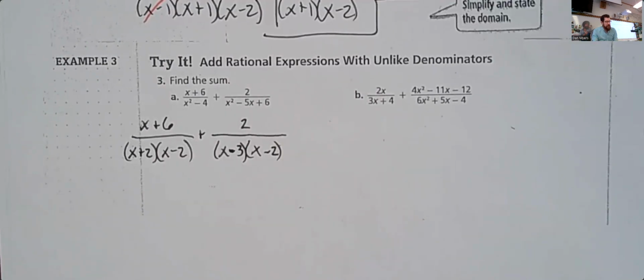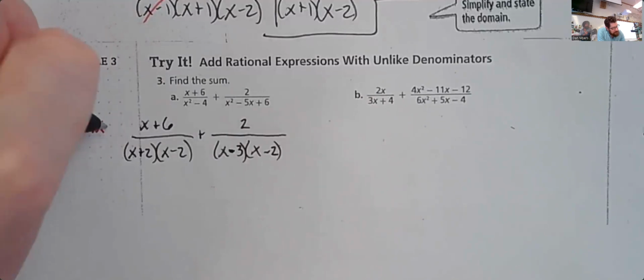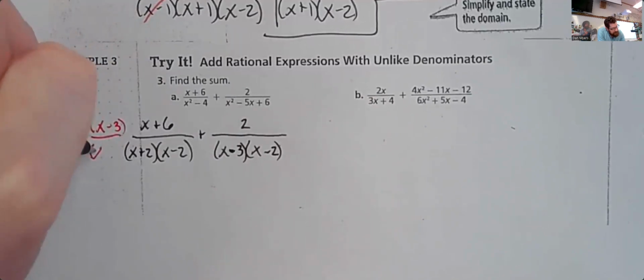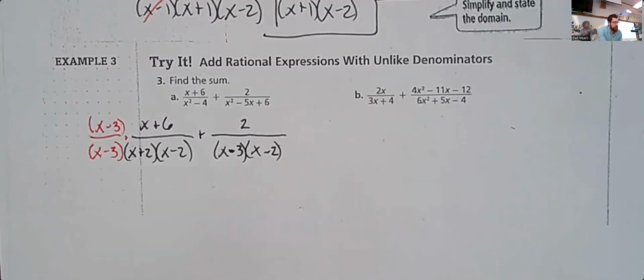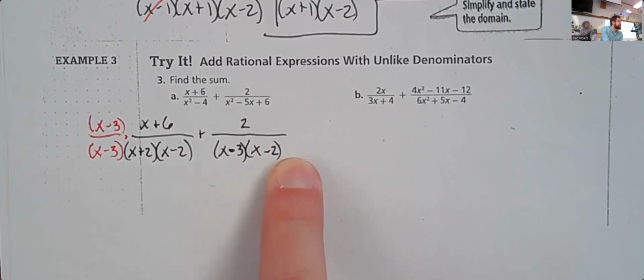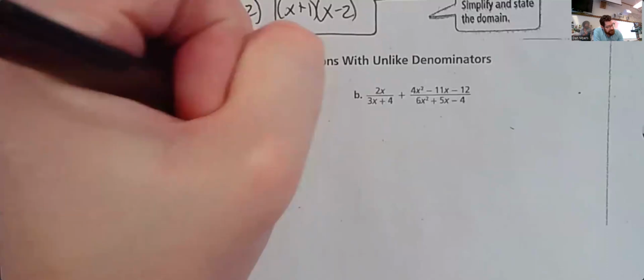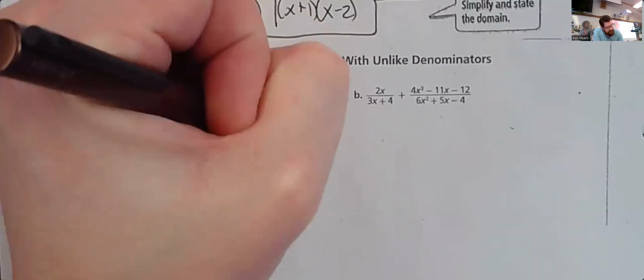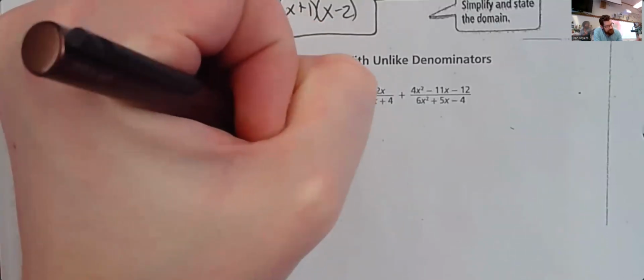So the one on the left gets multiplied by x minus 3 on the numerator and the denominator, because that's the one it's missing. What one is missing from over here? What are we multiplying by on the other fraction? x plus 2, good. So this one gets multiplied by x plus 2 on the numerator and the denominator. Great.